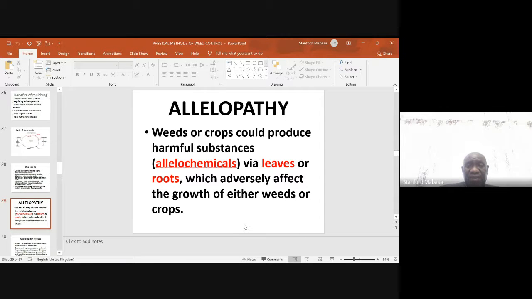Another issue is allelopathy, which can be caused by mulch. We now know that weeds or crops could produce harmful substances, chemicals via leaves or roots, which adversely affect the growth of either weeds or crops.